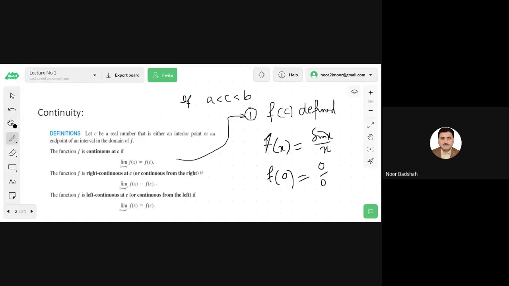And then you say this value doesn't exist. But if f of x is equal to 1 over x, or maybe 1 over x square, and somebody asks you what is f of 0, you would say f of 0 in this case is infinity, because 1 by 0 is infinity. So this is also not defined. And if somebody asks you what is f of 1, that is straightforward. It is equal to 1 divided by 1, which is 1. So this value is defined.